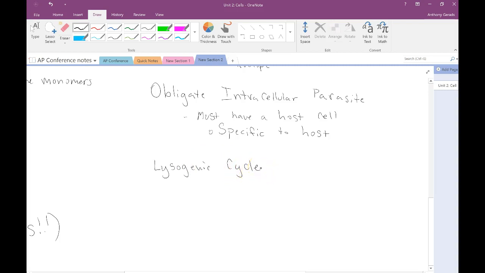Okay, lysogenic cycle. It's non-harmful. Incorporates, I'm just going to put GM for genetic material, into host. Host replicates it.